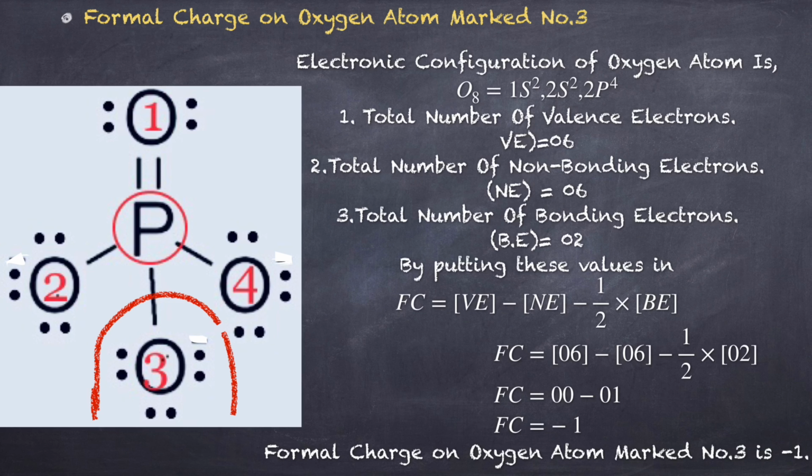By putting these values into the formula, Fc will be equal to Ve minus Ne minus 1/2 into Be. Therefore, Fc will be equal to 6 minus 6 minus 1/2 into 2. Therefore, Fc will be equal to 0 minus 1. Therefore, the formal charge will be equal to minus 1. Therefore, the formal charge on the oxygen atom, which is marked number 3, is minus 1.